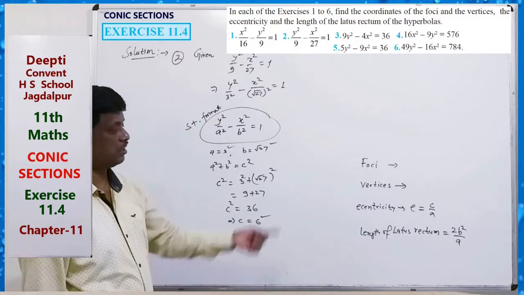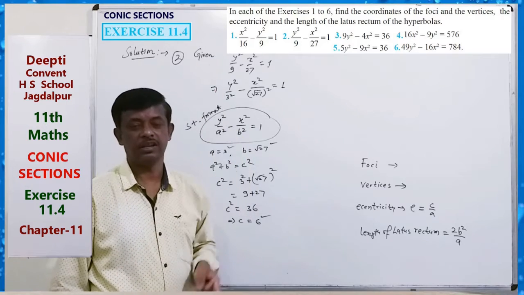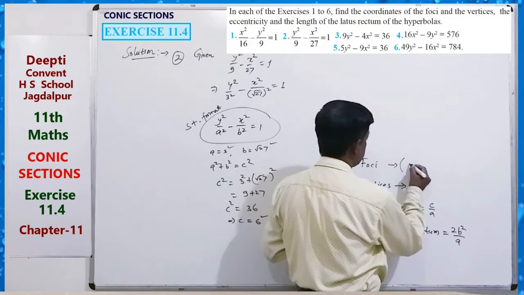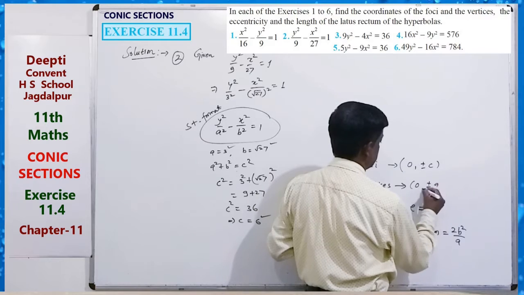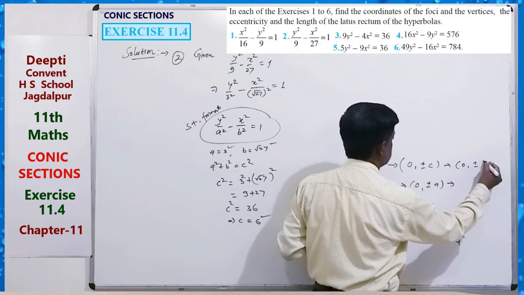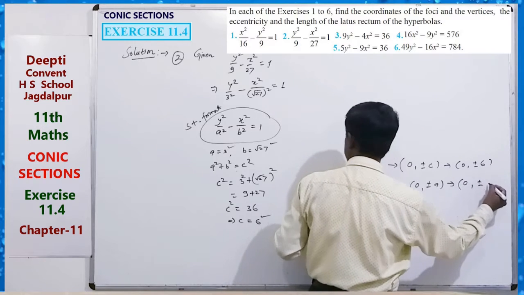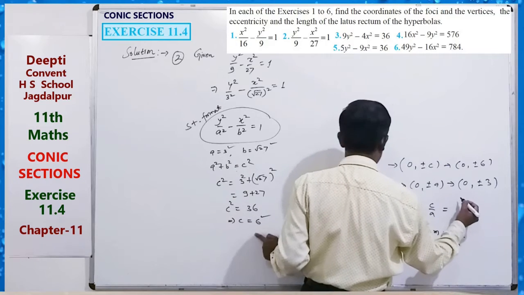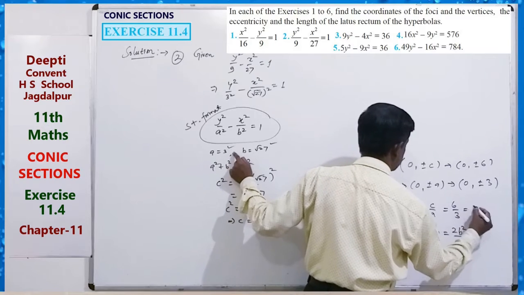Now we can write all the things. For this format, the foci lie on the y axis, so the foci are 0, plus minus c, which is 0, plus minus 6, and the vertices are 0, plus minus a, which is 0, plus minus 3. Eccentricity c by a equals 6 by 3 equals 2.